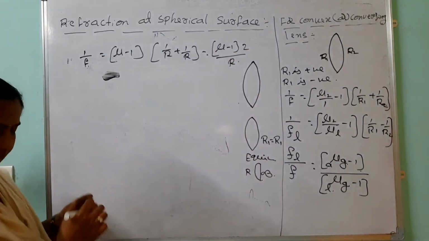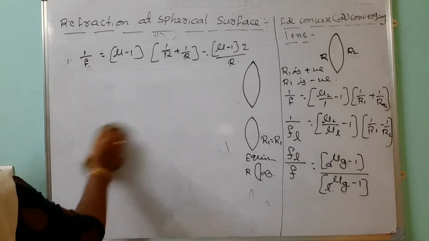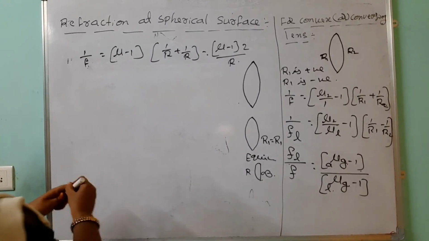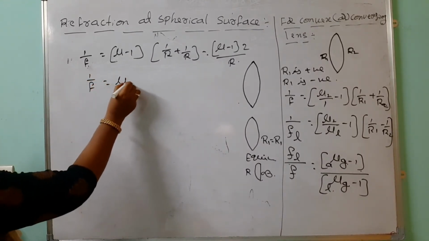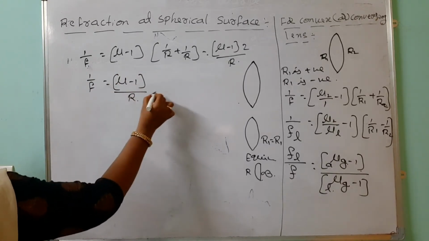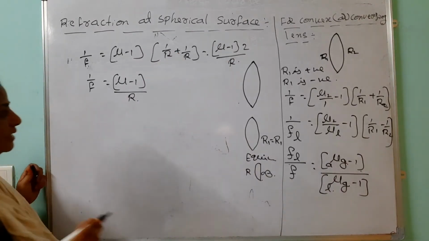This is for the equiconvex lens. Like that, for the plano-convex lens, r2 is how much? It is infinity. Then how to write the focal length formula? 1 by f equals mu minus 1, into 1 by r. This is for plano-convex and that is for equiconvex.